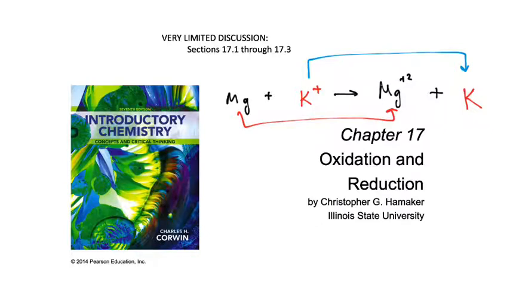When we balanced, what do we balance based off of? The number of atoms on each side, right? How many magnesiums? Magnesiums. Potassium? Potassium. So it's balanced, right? But what did we not properly take into consideration? The charge. Why does the charge matter? What contributes to charge? Electrons. Are electrons matter? Yes.